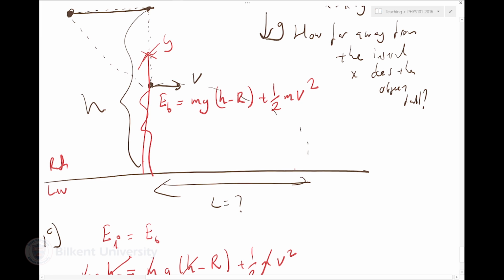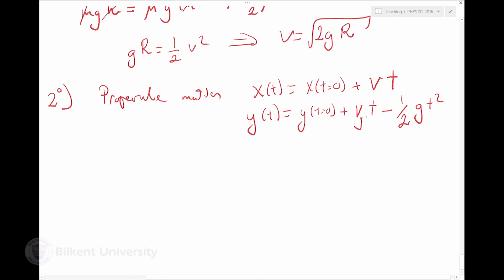What's my velocity in the y direction at 0 time? It's 0 because the rope snaps when the rope is vertical, which means my velocity is exactly horizontal. How about my y position at that time? It's going to be h minus r.